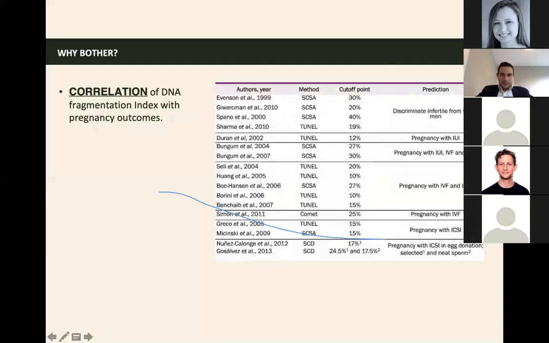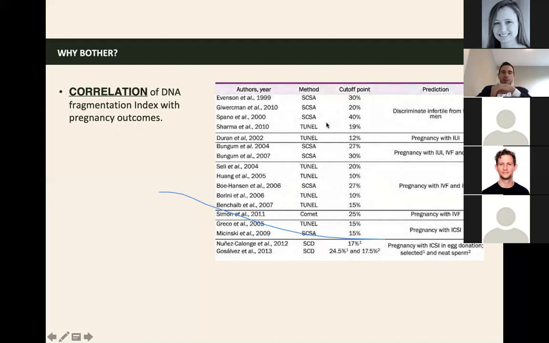This is another important slide about the DNA correlation with pregnancy and assisted reproductive therapies. All of these studies have found that an increase in DNA fragmentation index was very important in outcomes for pregnancy with IUI, for pregnancy with IVF or ICSI, or for recurrent miscarriages. These studies are numerous and they consider a good level of evidence.